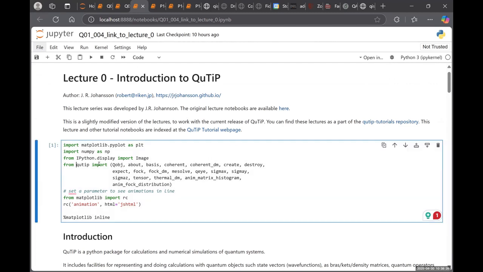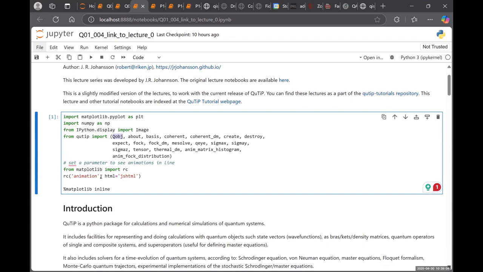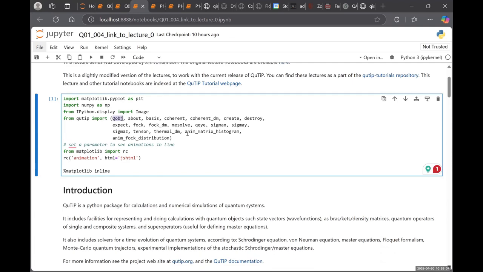So you can see from QuTiP, it imports quite a few things: Qobj, basis, coherent, density matrix, create, destroy, creation operator, annihilation operator, expectation value, Fock state, density matrix, mesolve, qeye, this is identity, sigmax, sigmay, tensor, thermal density matrix, so the animation or matrix histogram for distribution. Okay. Yeah, this is animation.